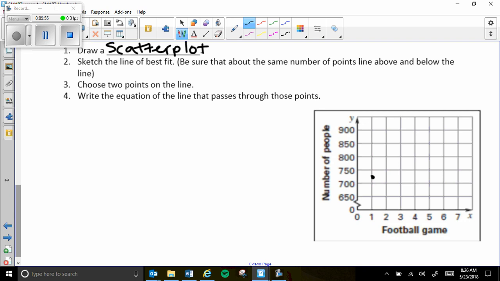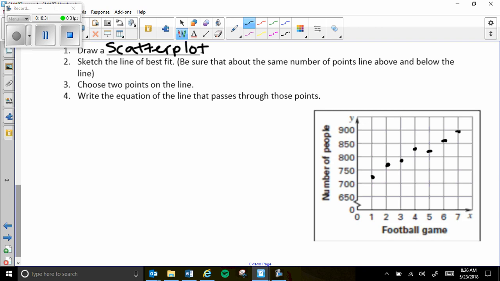At 2, it's 763. And again, we're just approximating these. At 3, it's 772. 4 is 826. 5 is 815. 6 is at 857. And 9 is at 897.